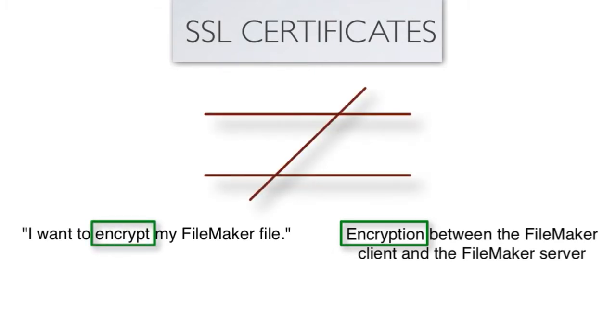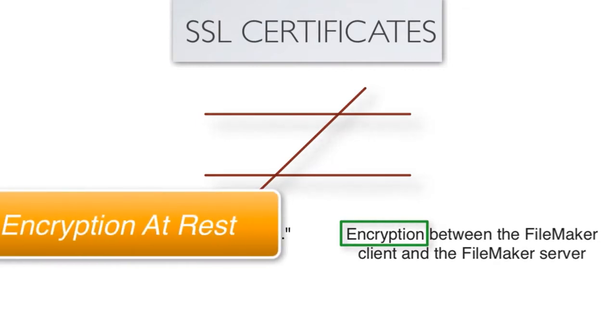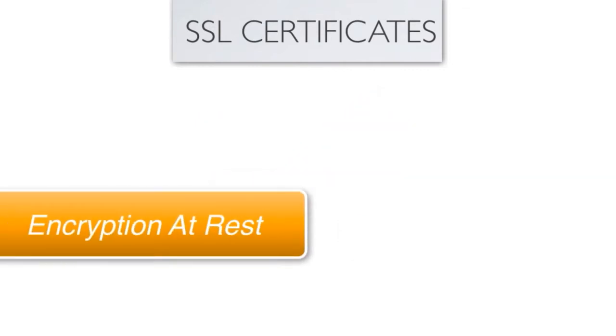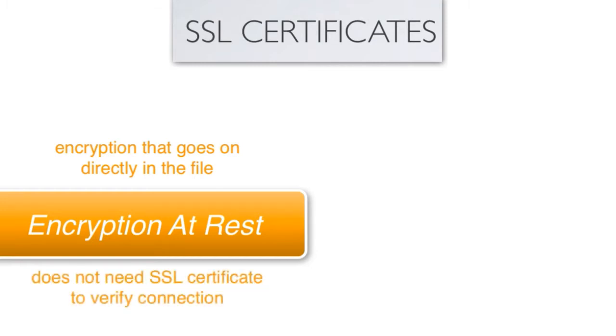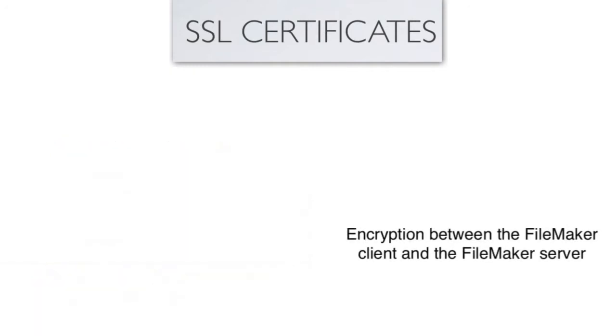No, it's not the same, because encryption at rest, which is a relatively new feature in FileMaker, is an encryption that goes on directly in the file, and that does not need an SSL certificate in order to verify that the connection is there. You only need the encryption password in order to unlock the encrypted file. Okay, great. So this is purely the conversation about the communication between the clients and the servers being encrypted.